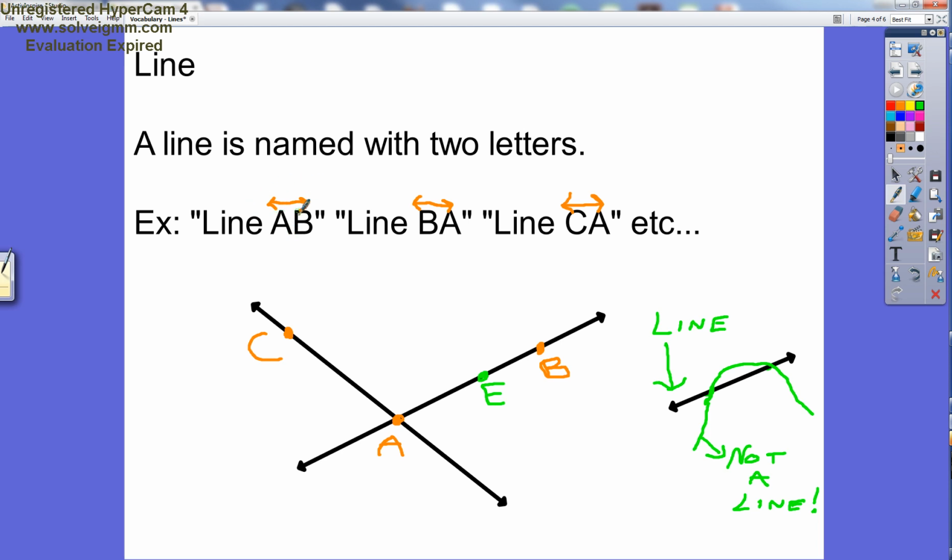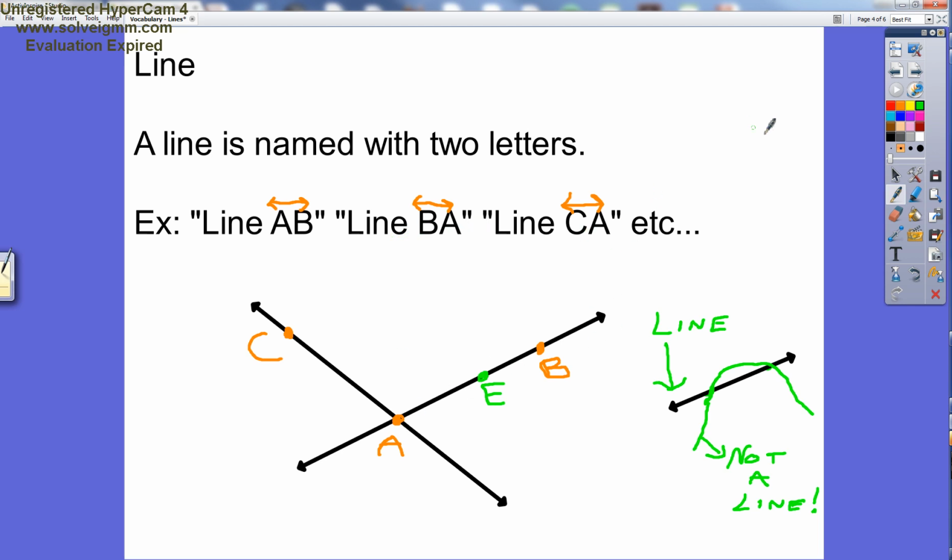You see how it's a little line with arrows going, and that's how we know that this is a line and not a line segment or a ray or anything else that would be named with 2 points. So when we're talking, if I say line BA, you know what you're talking about.